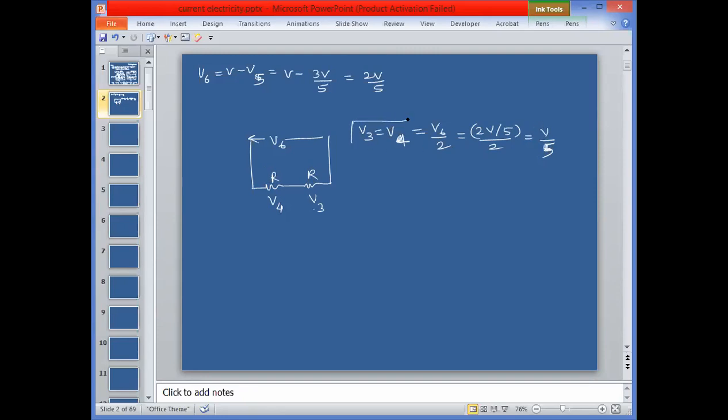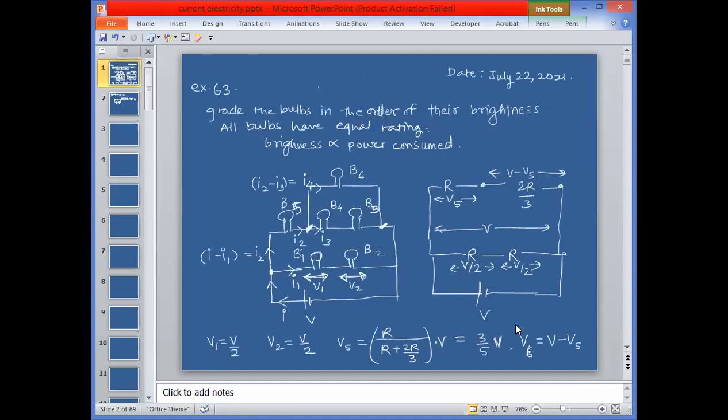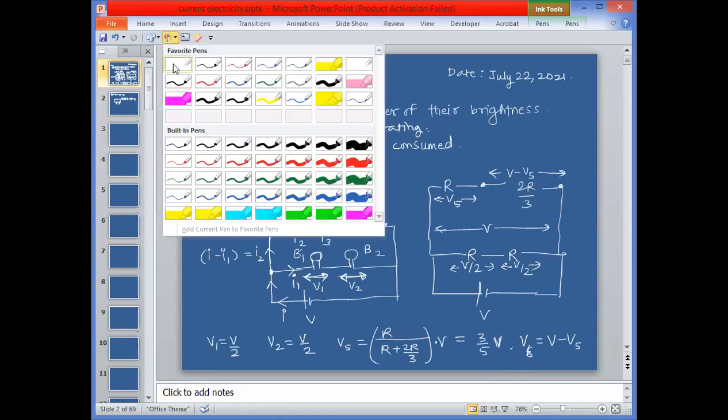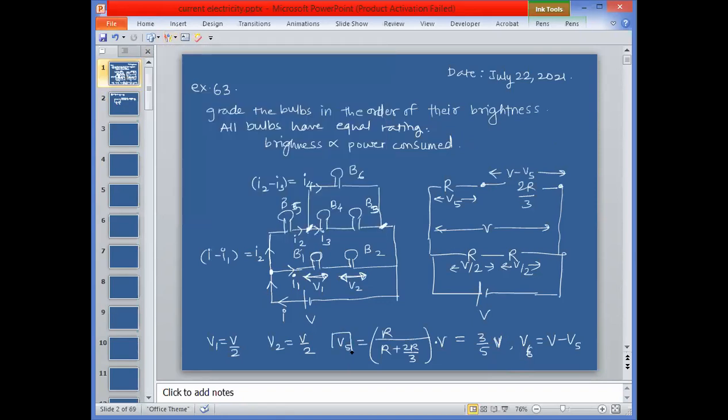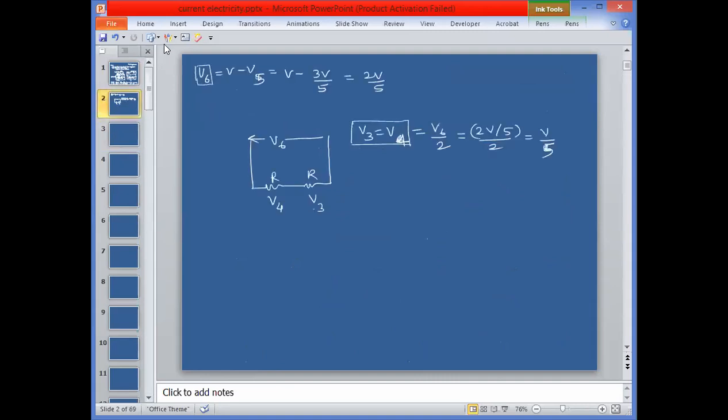So put the values which you have found in a square bracket: V3, V4, V6, and on the previous slide we have found V5, V2, and V1. Let me write all the values.